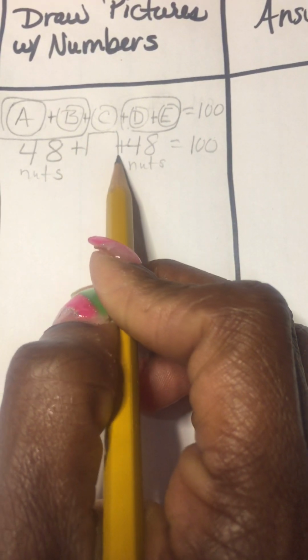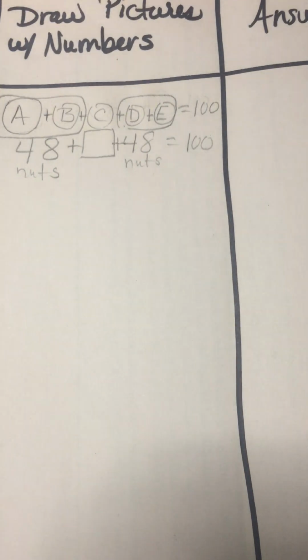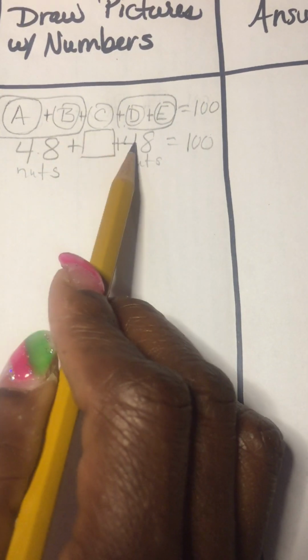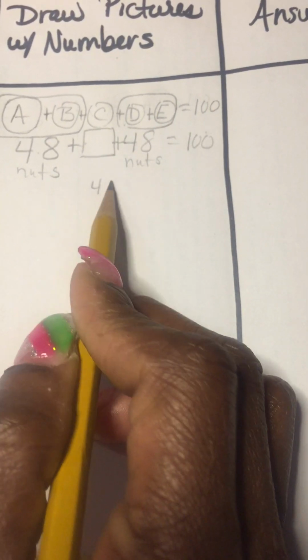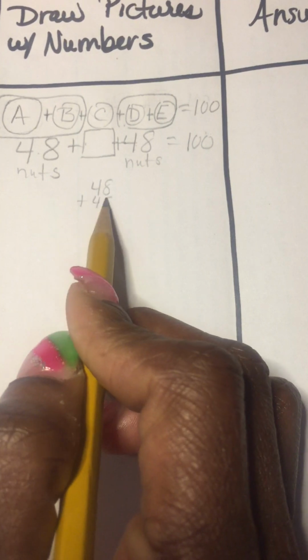The only one I'm missing is bowl 3 or C. 48 plus 48 plus this number will give us 100. So we see how much 48 plus 48 is. I see that 8 plus 8 is 16.